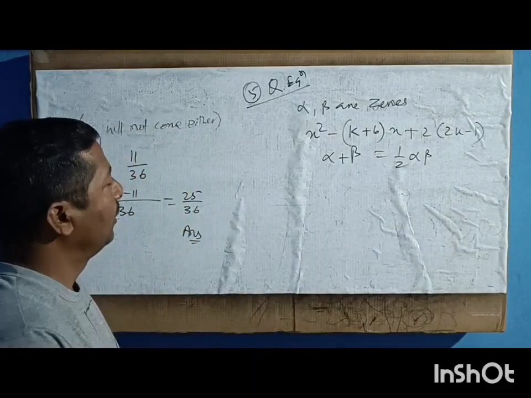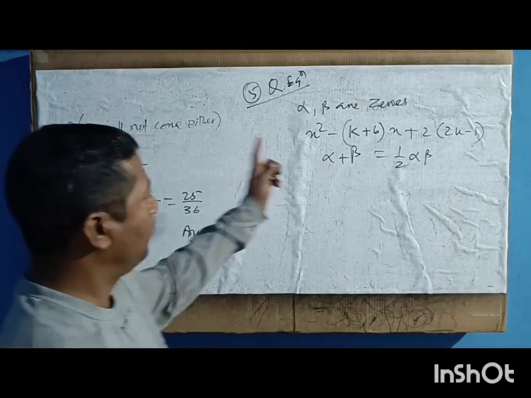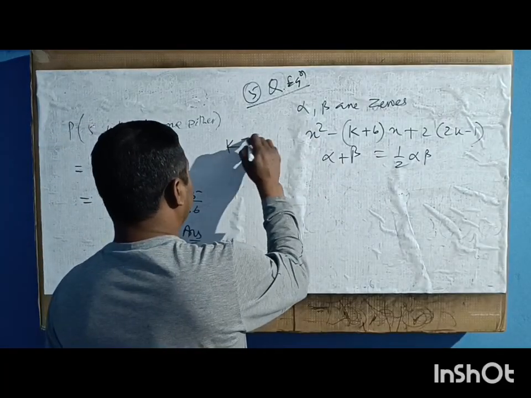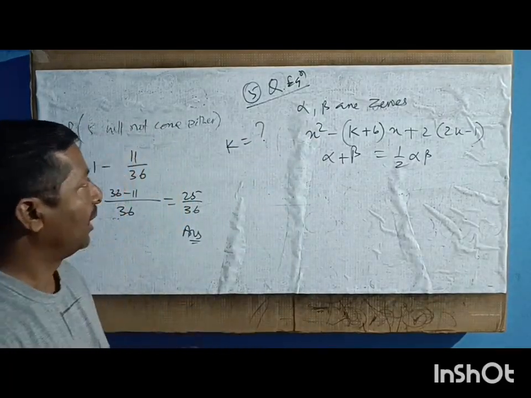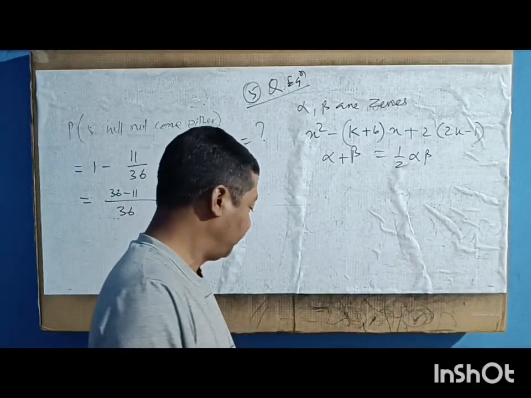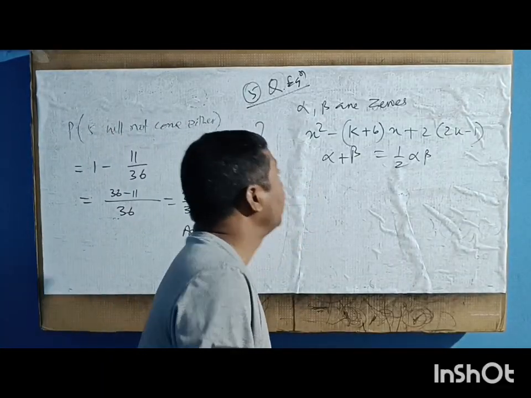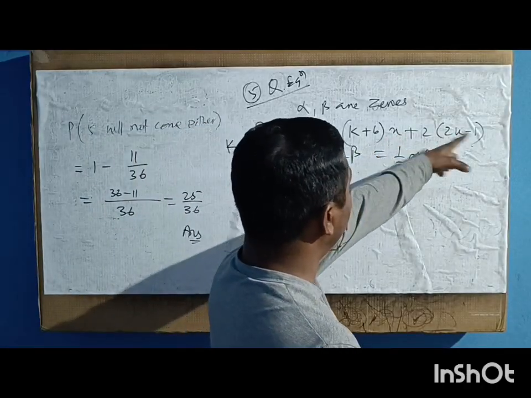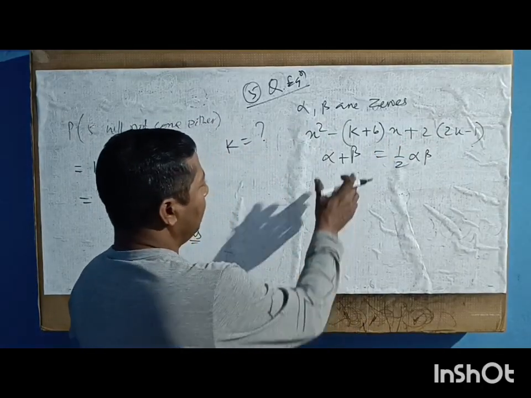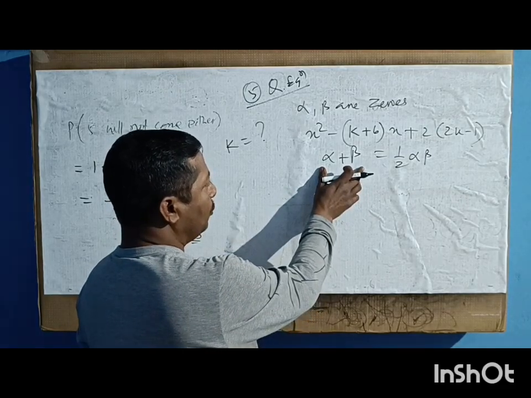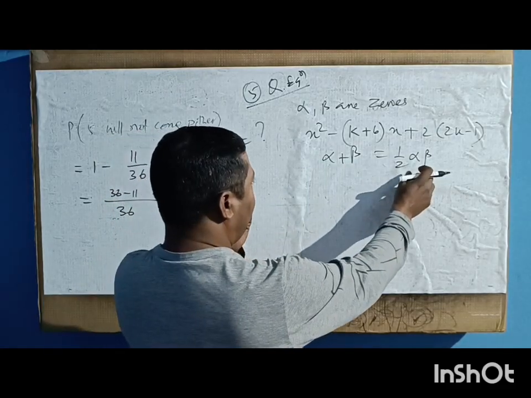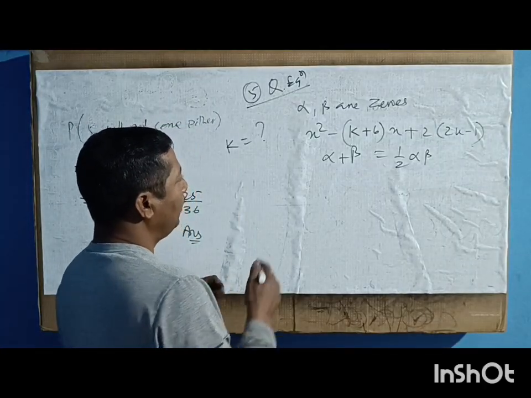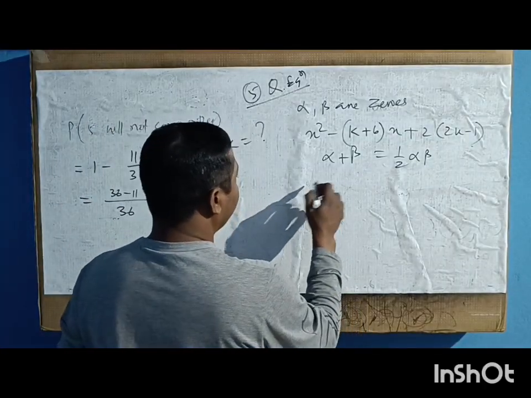Listen to the question. Alpha and beta are zeros of this polynomial, and the sum of the two zeros is half of the product of the two zeros. Then find k.